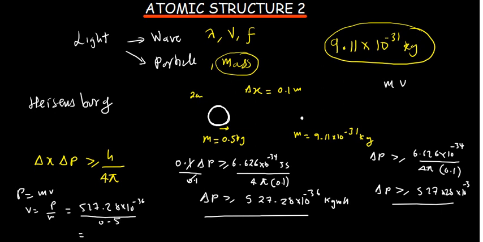Okay, let's see what we get. Divided by 0.5, that gives us 1054.56 times 10 to the power negative 36. This is in meters per second. Let's find the velocity for an electron. The change in momentum is also 527.28 times 10 to the power negative 36.